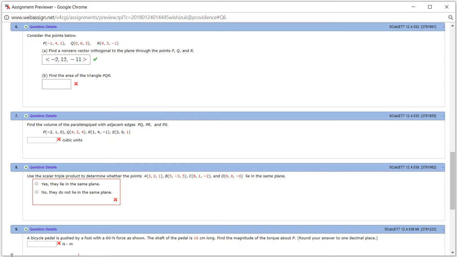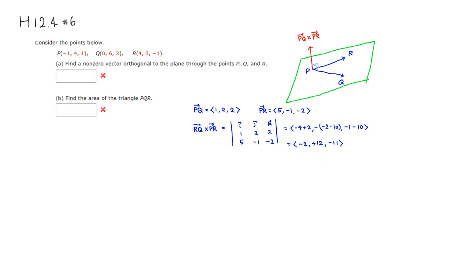We want to find the area of the triangle PQR. So we are basically connecting R and Q together, and we have this region right here. That's the region we are interested in.